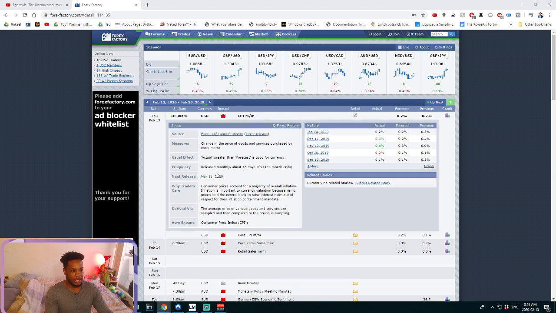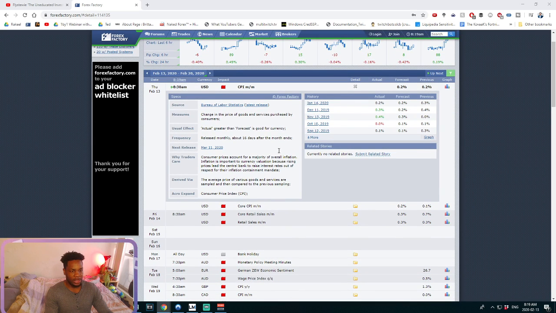As you can see, this is a nice little brief of what the CPI is. Every trade kind of has something like this. It says change in the price of goods and services purchased by consumers. Consumer prices account for the majority of overall inflation. Inflation is important to currency valuation because rising prices lead the central bank to raise interest rates out of respect for inflation. So that's the economic justification of why CPI is an important trade. And to trade this, I'm trading gold versus USD.